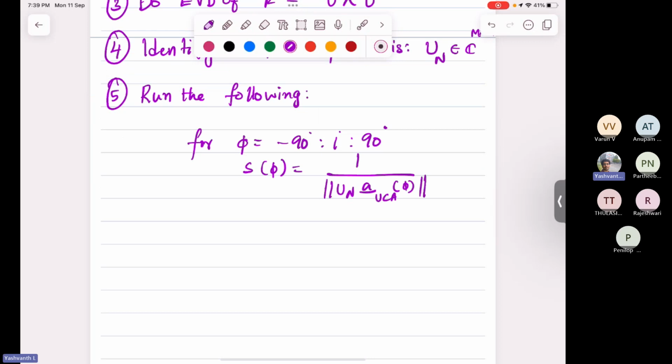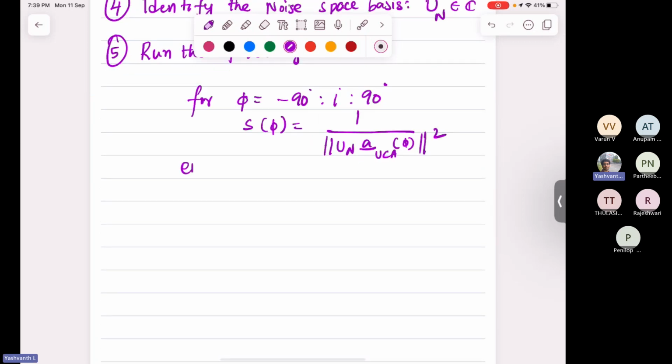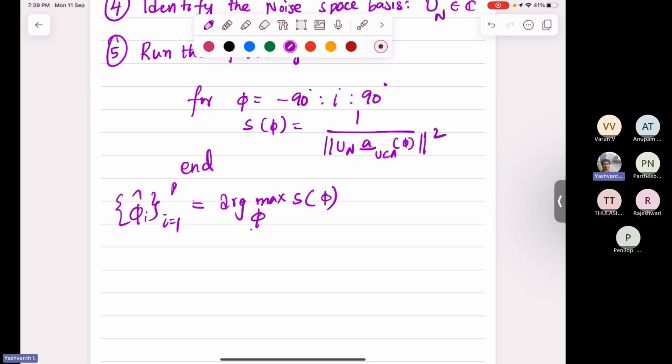That's all. This is the only difference. And phi hat i, for i equal to 1 to p, equal to argmax. Again I'm using argmax; now I think you will know what I mean. Wherever all the phis for which you get a maximum value in S of phi, that is the peaks, gives the DOA estimates of the targets.